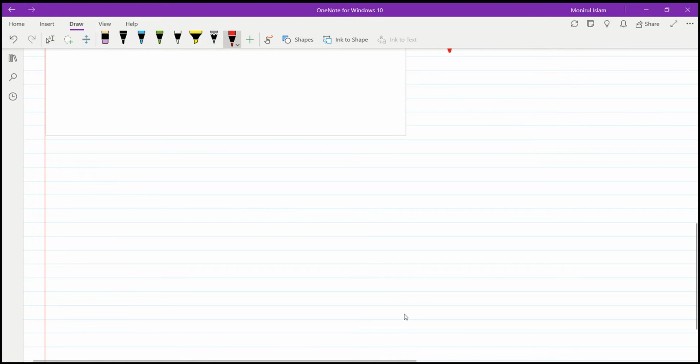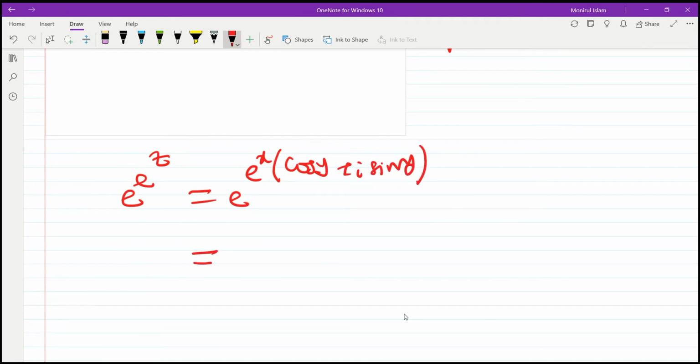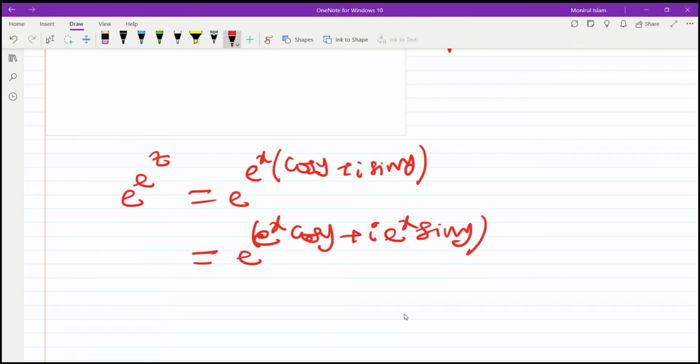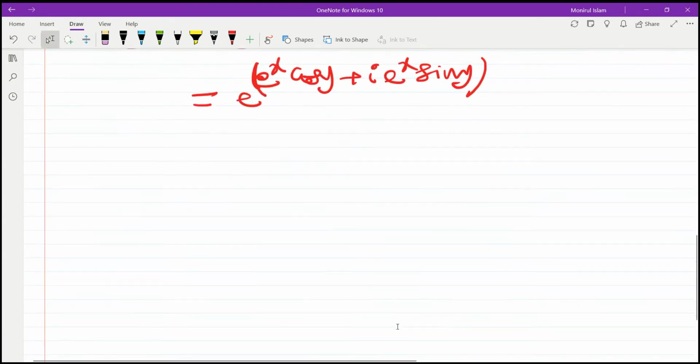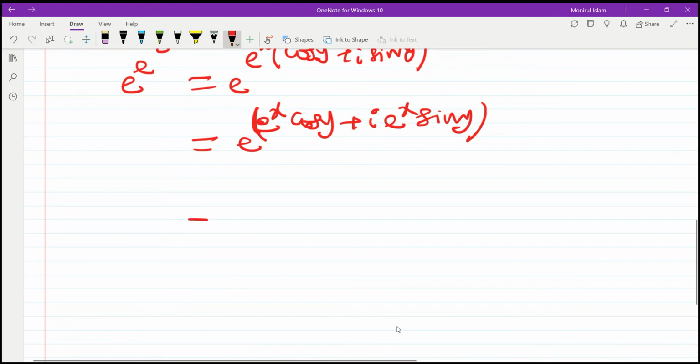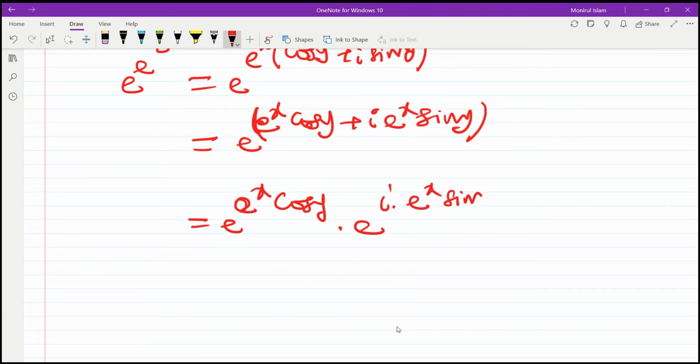I put the value of e^z. Now you can separate this as e^(x cos y) plus i e^(x sin y), and you can write it like this: e^(x cos y) on one term into e^(i e^(x sin y)) on the other term.